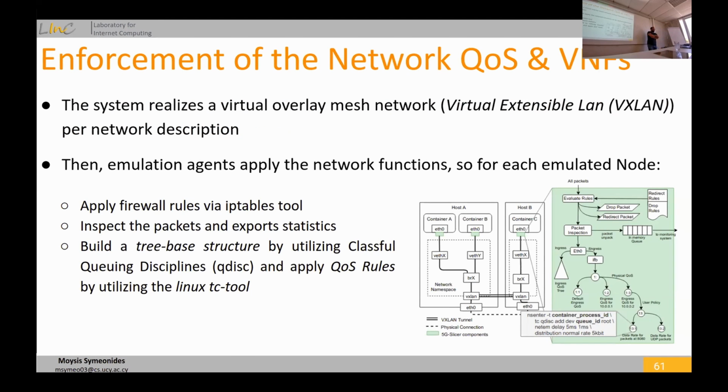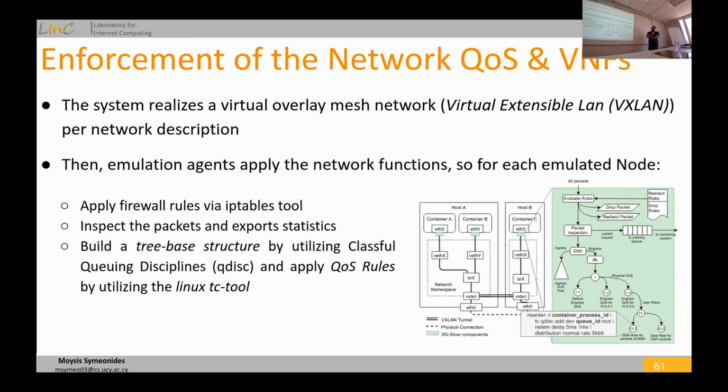About the network QoS and virtual network function enforcement. First of all, for its network description, the system creates a virtualized overlay mesh network by utilizing VXLAN, and connects the respective emulated nodes on it. And in order to apply the virtual network functions and QoS, for instance for firewalls, the system utilizes iptables and checks the rules in the network namespace of the emulated node.